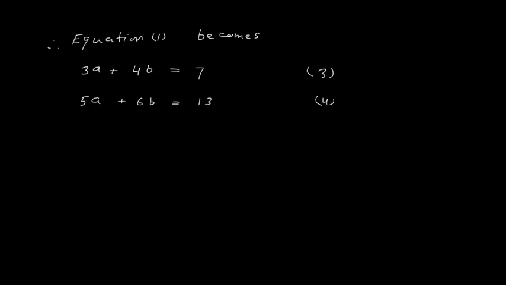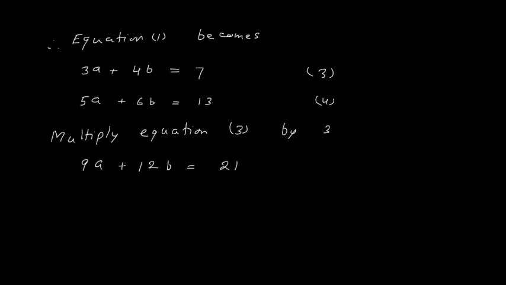So multiply equation 3 by 3. So I get 9a plus 4 3 is 12b is equals to 7 3 is 21.